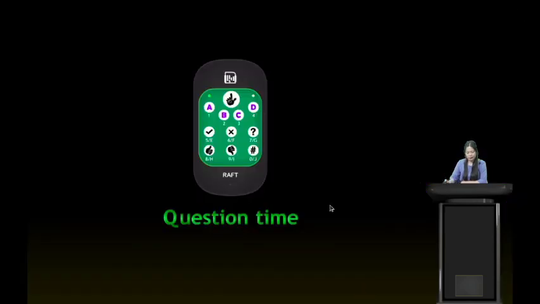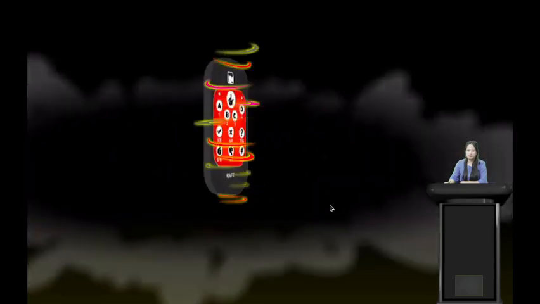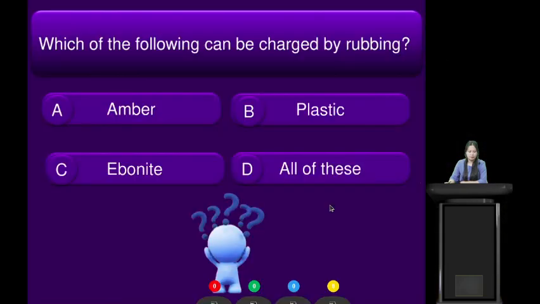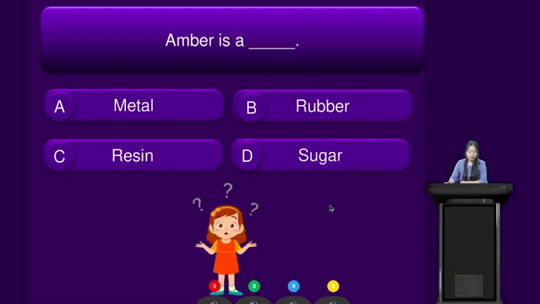Please get your rough devices ready. The question is, amber is a dash. We have four options. Option A is metal, option B is rubber, option C is resin, option D is sugar. So amber is a dash.